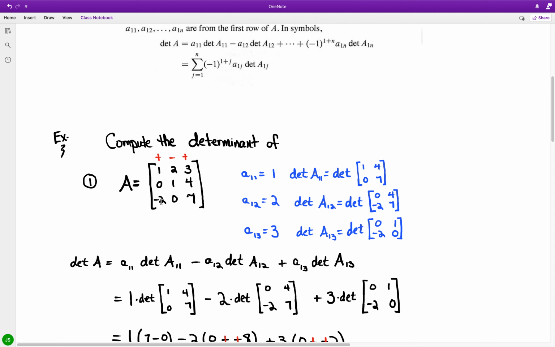So if I section out the first column and the first row, I would have this square pattern where I have 1, 4, 0, 7. So I'd be looking for the determinant of this.